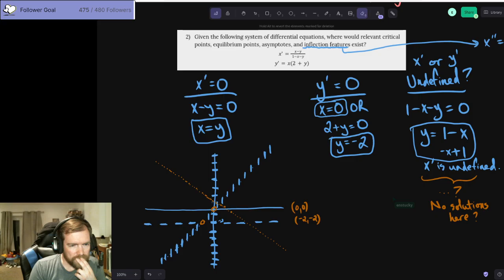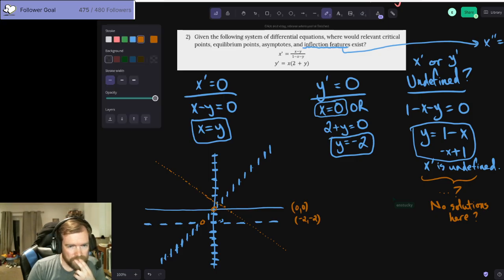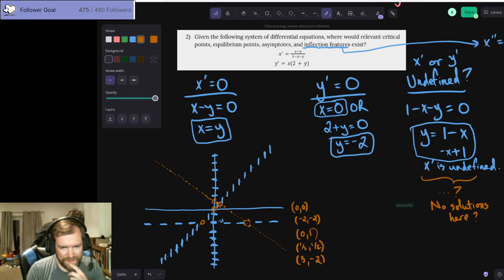So 0, 1, 1/2, 1/2, probably should have spread this out more, but hey. And -1, -2. Or what? 3, -2. Yeah. Right. So we need to look at what's happening at all these places.